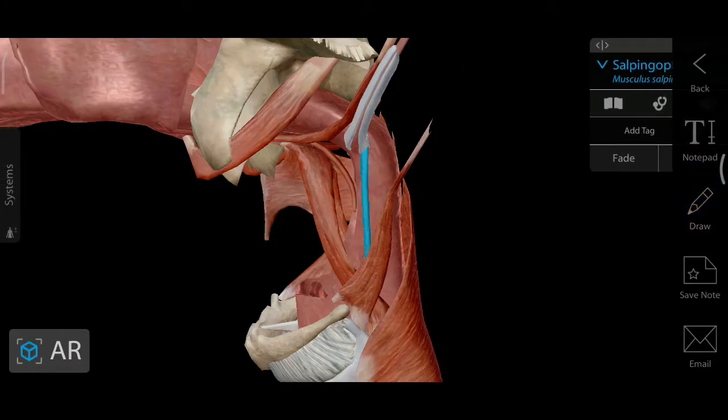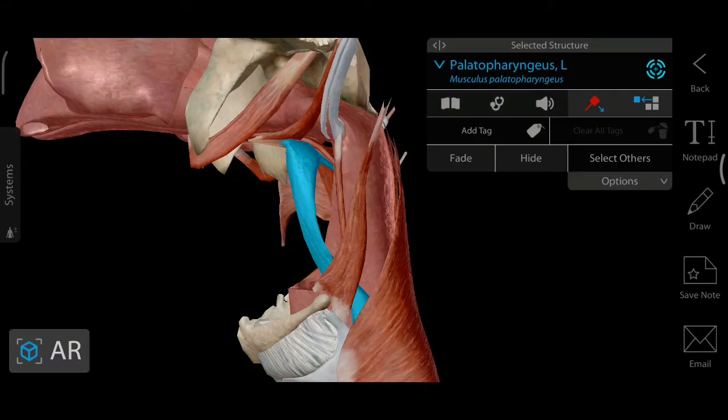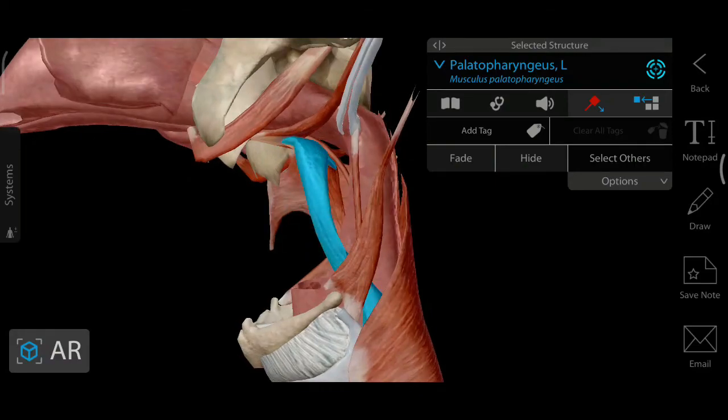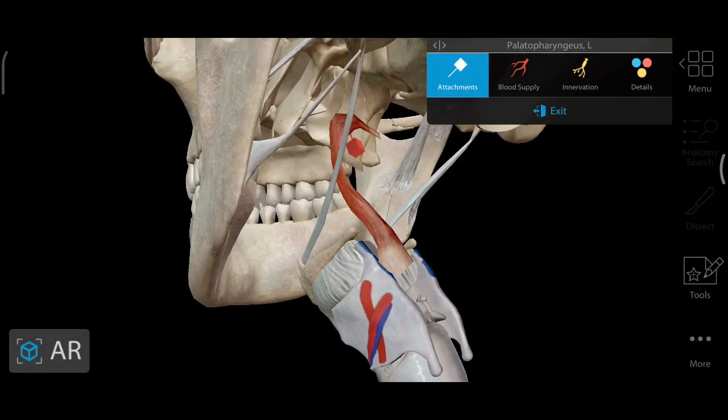Now the third muscle is the palatopharyngeus. Palatopharyngeus originates from the palatine bone. The salpingopharyngeus originates from the cartilage of the eustachian tube, and the stylopharyngeus originates from the styloid process. All these muscles will go and insert into the thyroid cartilage.